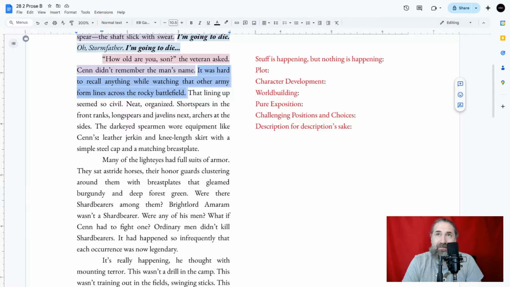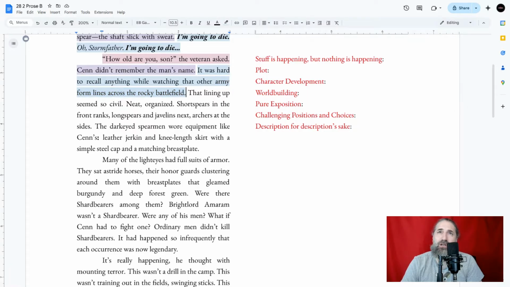So this is character development and plot. I might give this world building only because of the army forming lines across the rocky battlefield. It's literally building the world. There's an army. Their style of fight is that they form lines and they fight on rocky battlefields. So we're building on the world.